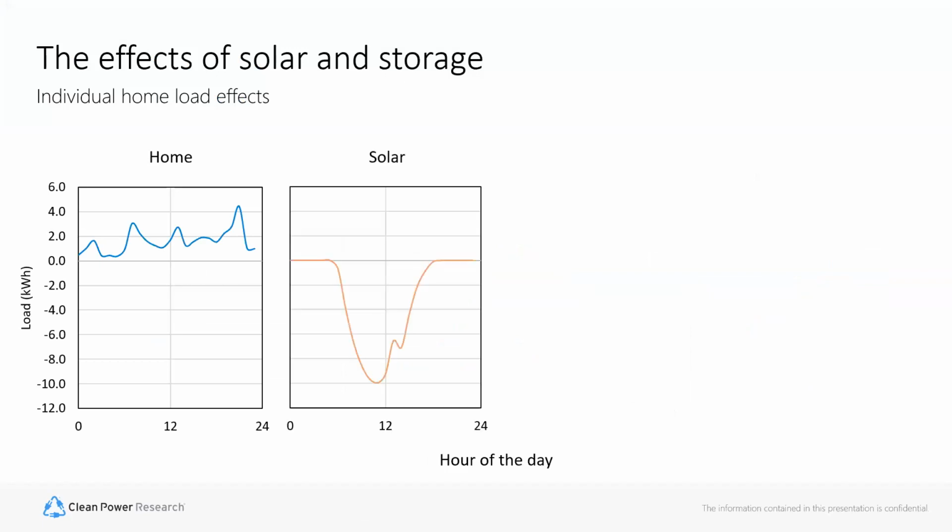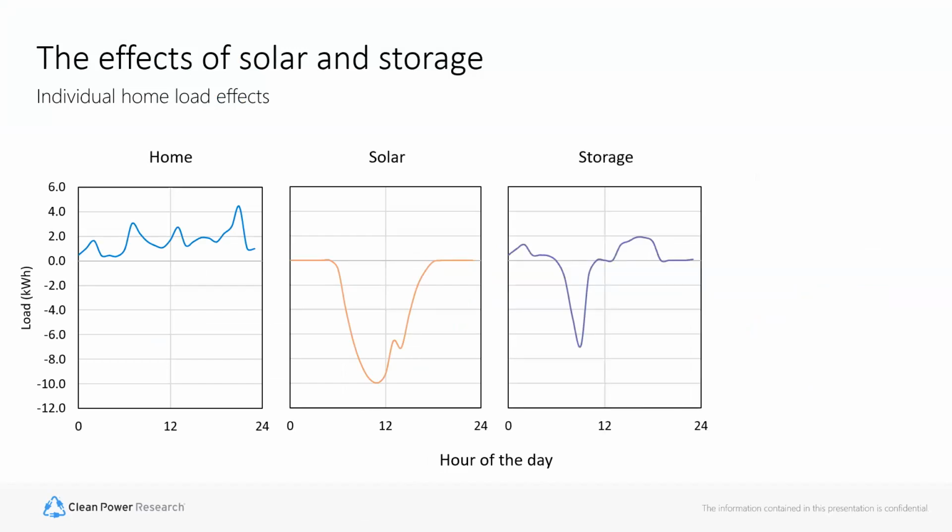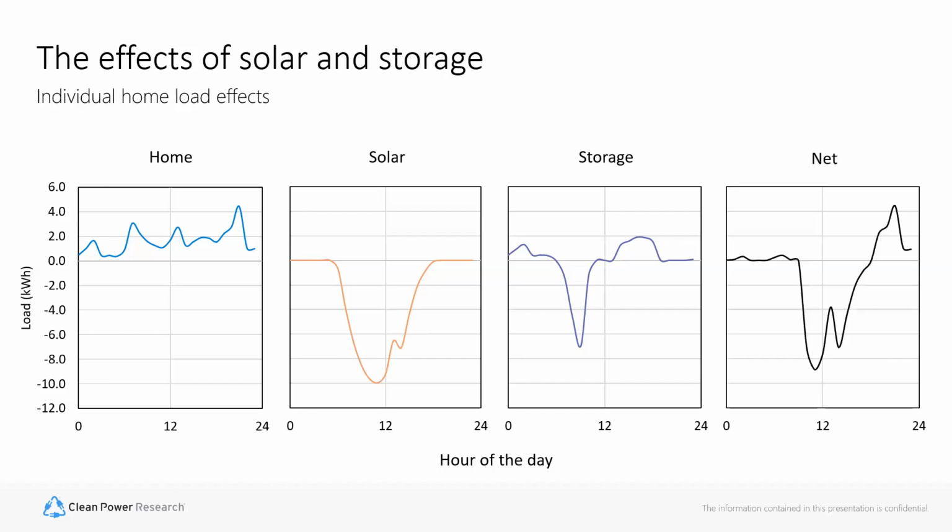And this is what his solar system's doing. Negative is production here. He's got a 10 kilowatt system. He's got 2 Powerwalls, and so you can see them charging in the morning, and then there's some intermittent time where there doesn't seem to be much happening, and then it's charging in the evening. And so this is his net load. Looks very different from what we started from.